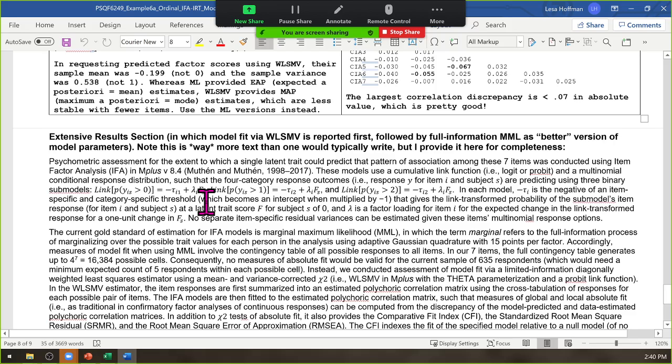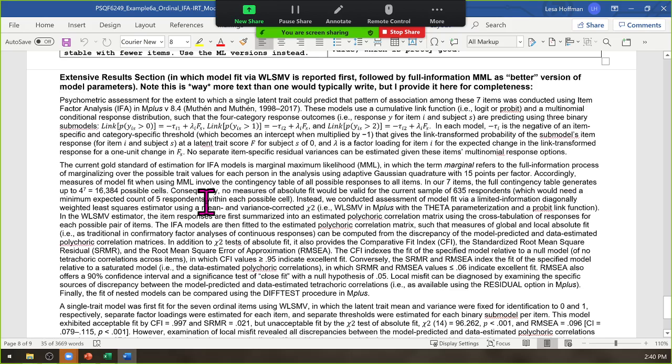So I described the process differently than what's actually in the handout. I described fitting the model using WLSMV to check absolute fit, and then refitting it using ML to get those versions of the parameter estimates in logit scale. So that's what I'm asking you guys to do in homework 5, which means that you can start with this text as your template for homework 5. I am fine with that.